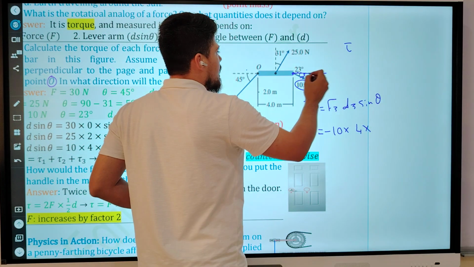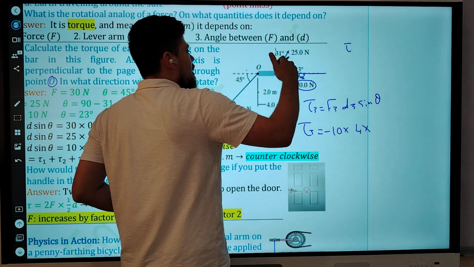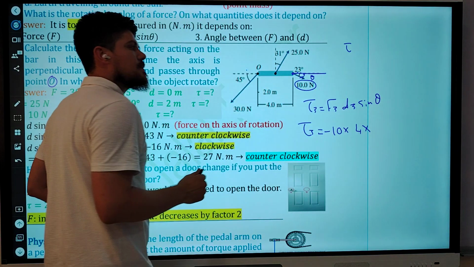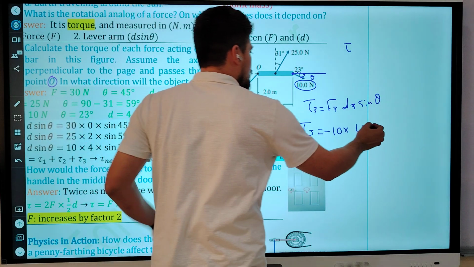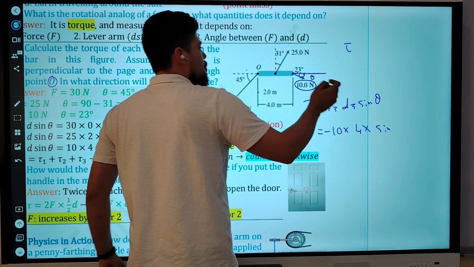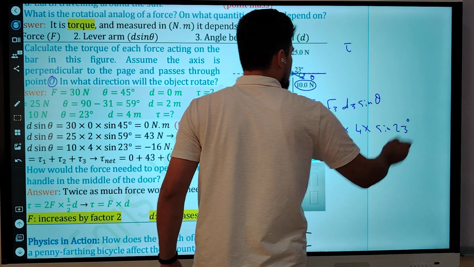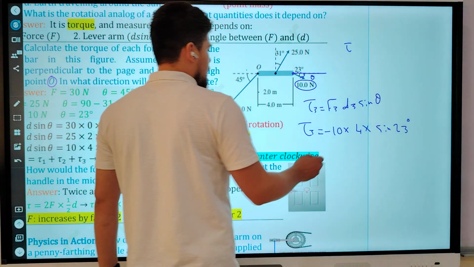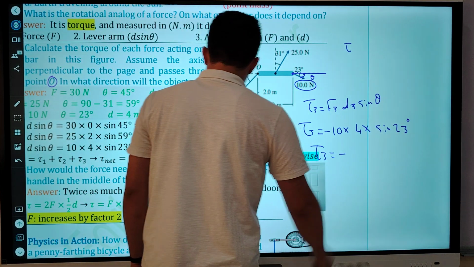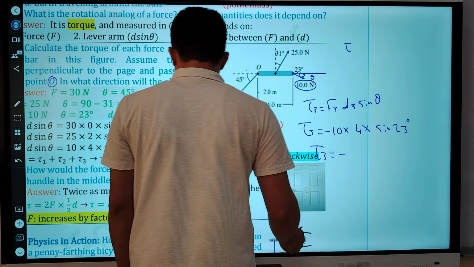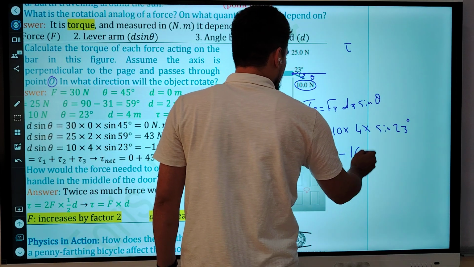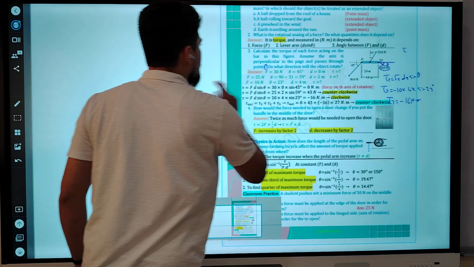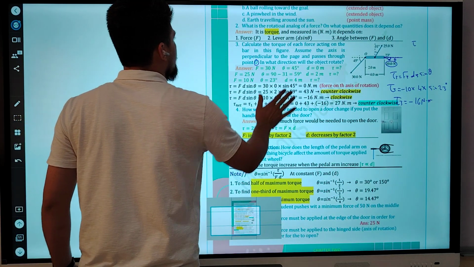And also you can say this is the angle between force and the extension of the distance. So you don't need to convert this 23, because it's already the angle between force and the distance. Torque number 3 is equal to negative what? Negative 16 Newton meter.